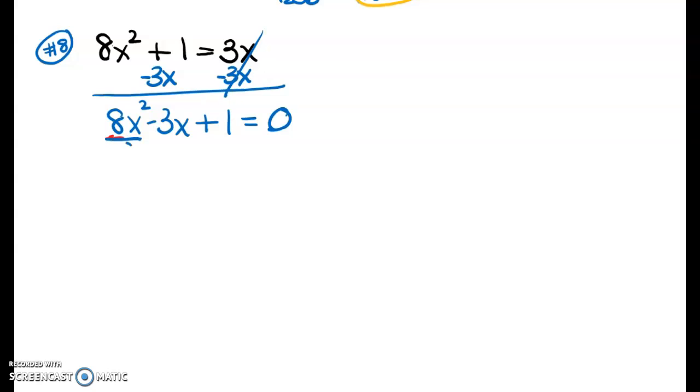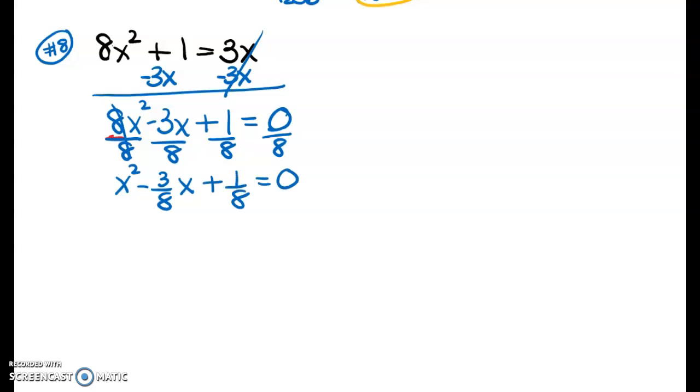She needs to divide all terms by 8. So I get x squared minus 3/8 x plus 1/8 equals 0. This is where I now subtract my 1/8 and move it to the other side. And I leave my blanks at this step.